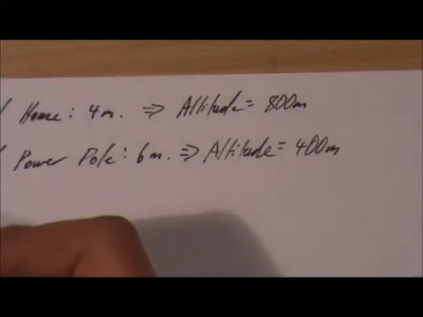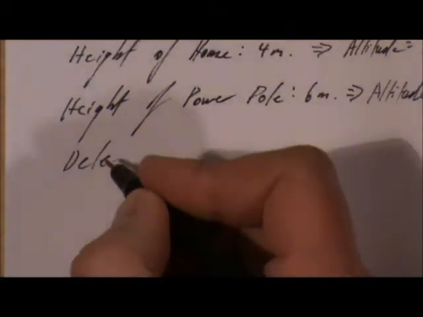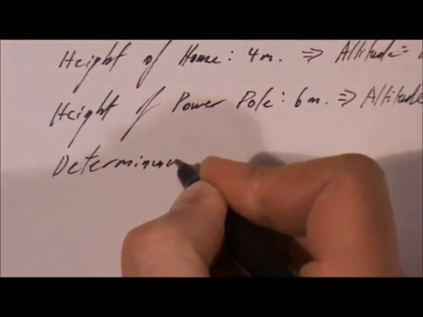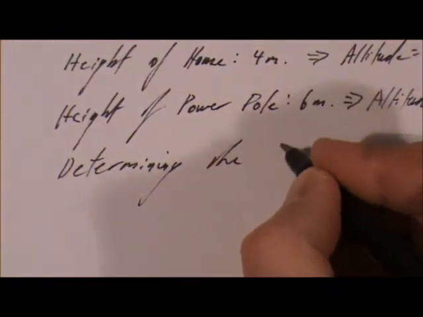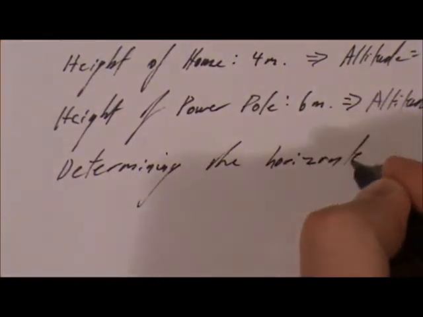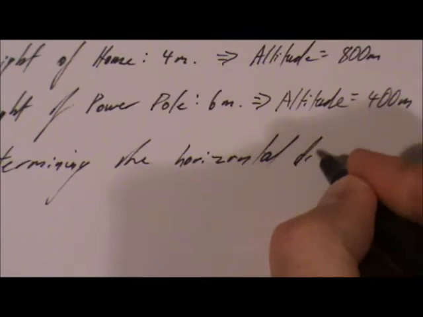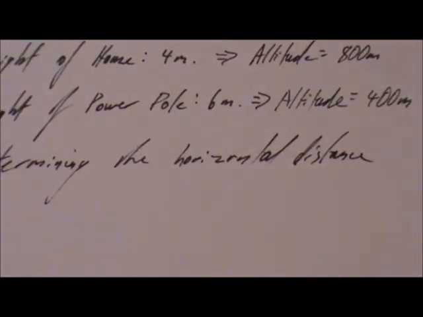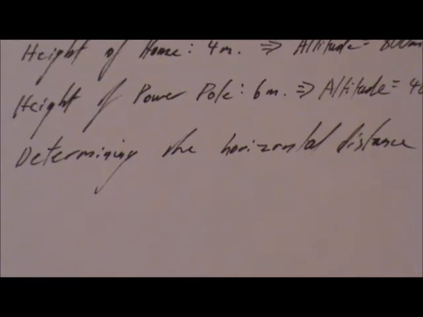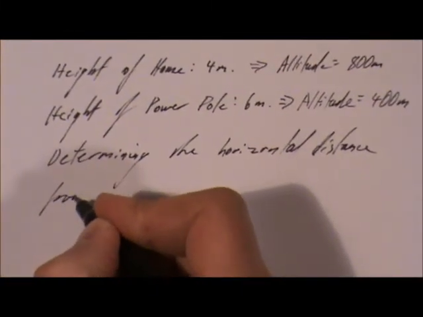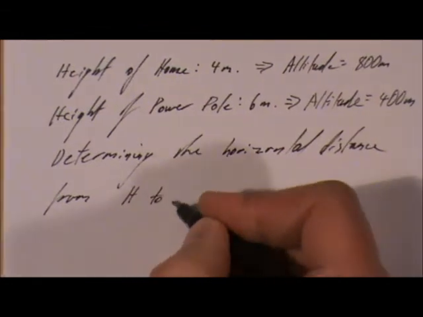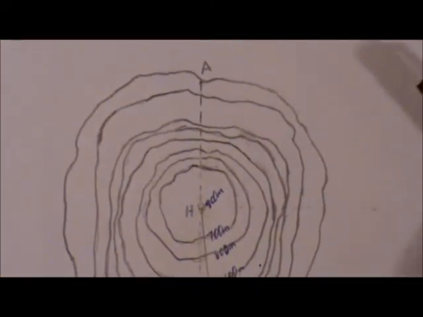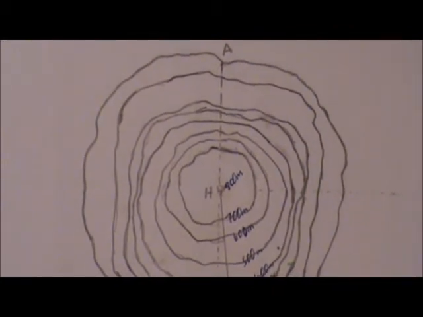Okay, the next stage involves determining the horizontal distance from H to P. The way we do that is on our contour map we get our ruler and physically measure it.